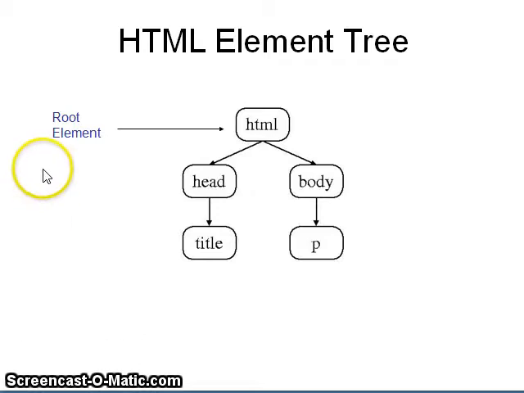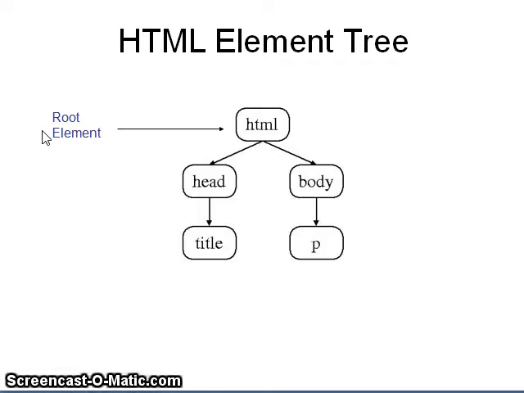So this is a representation of the HTML document in the form of a tree, called the HTML element tree. The root of the HTML document is going to be the HTML element. It has two child elements, one is head, another one is body. The head element in turn contains a child element called title.